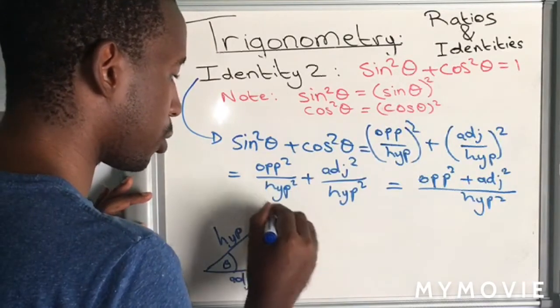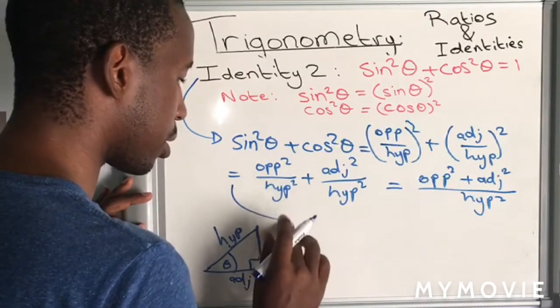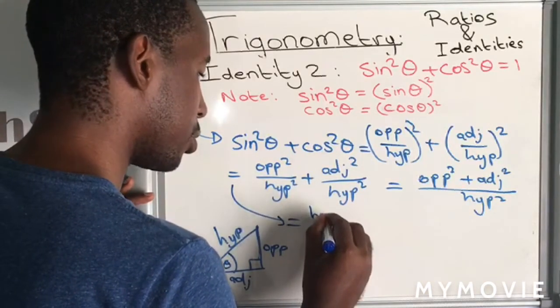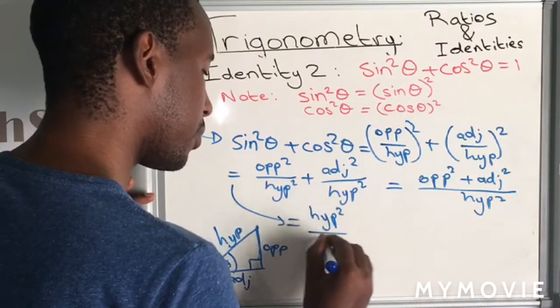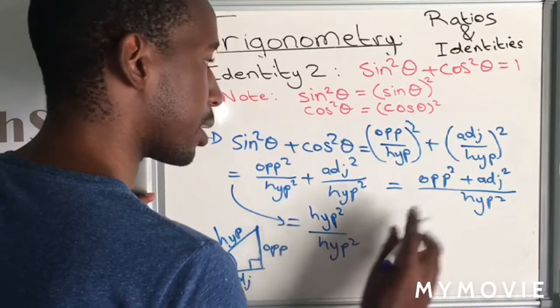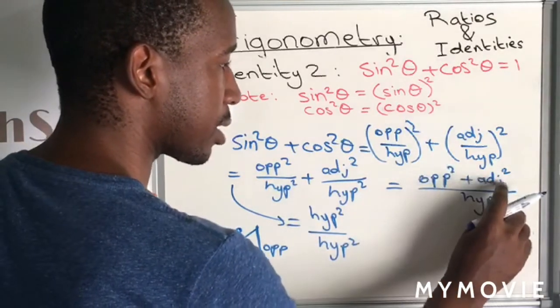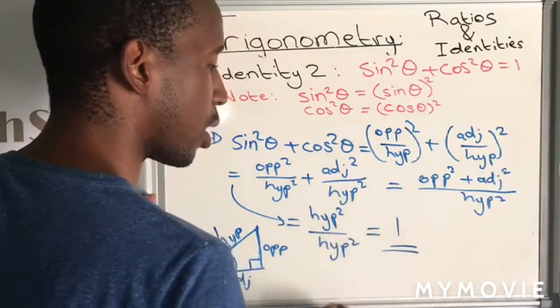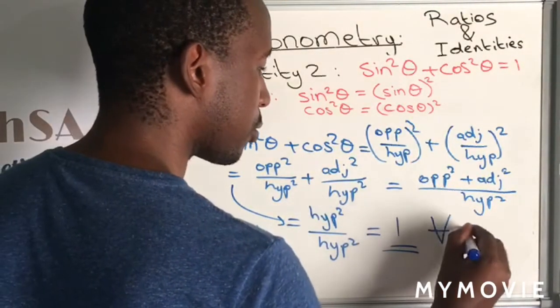Therefore, this should also be equal to hypotenuse squared divided by hypotenuse squared, since opposite side squared plus adjacent side squared equals hypotenuse squared. Then this definitely gives us 1 for all theta.